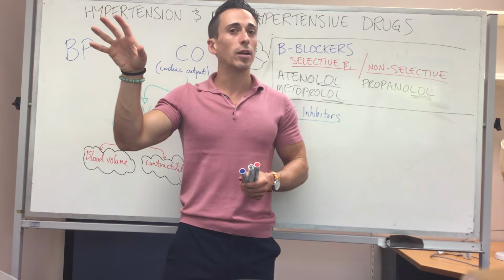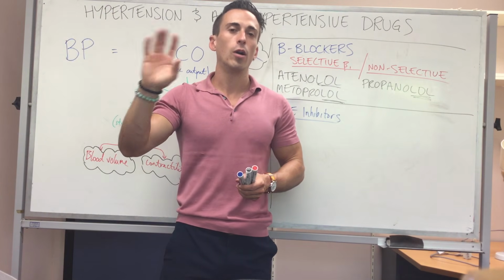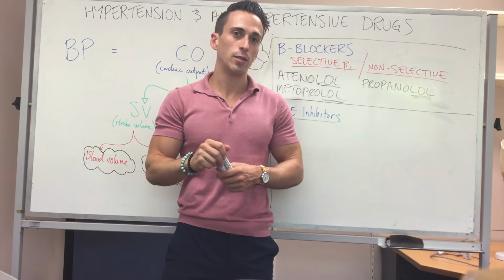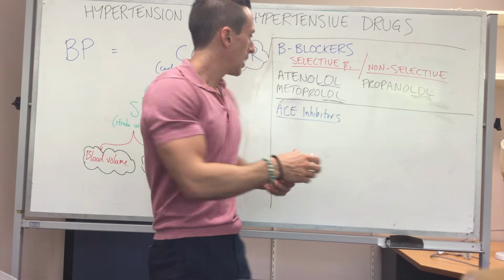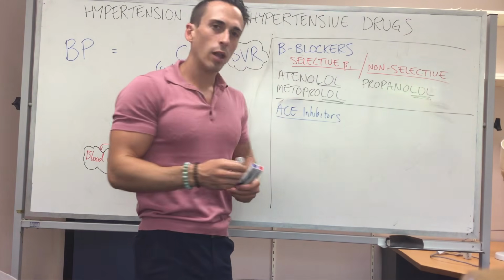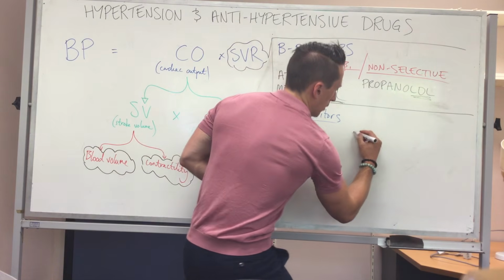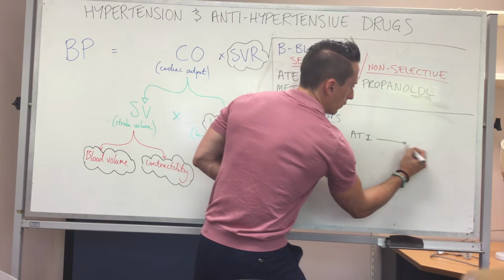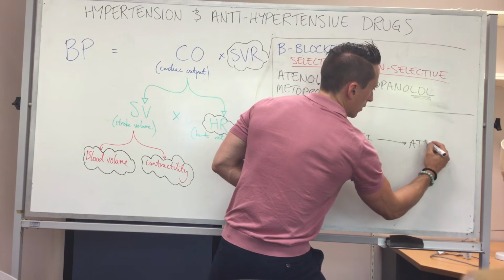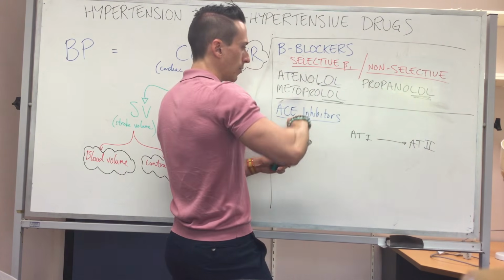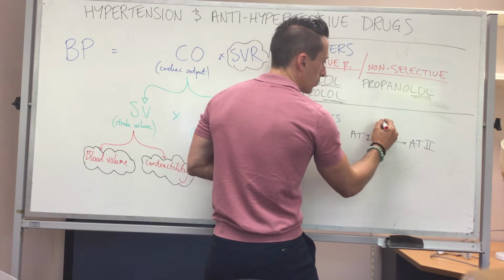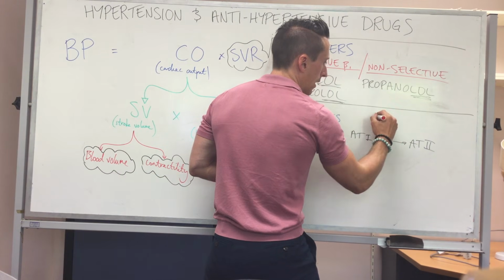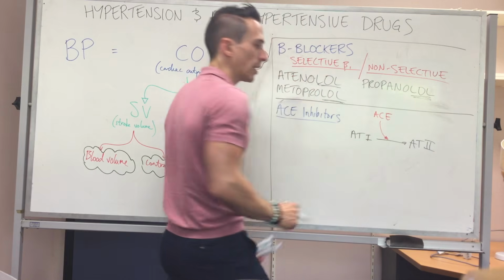You need to go back and watch the video on the renin-angiotensin-aldosterone system, or do some reading up. And you'll realize that before angiotensin 1 can be converted into angiotensin 2, an enzyme needs to come into play in order for this to occur. That enzyme is angiotensin converting enzyme.